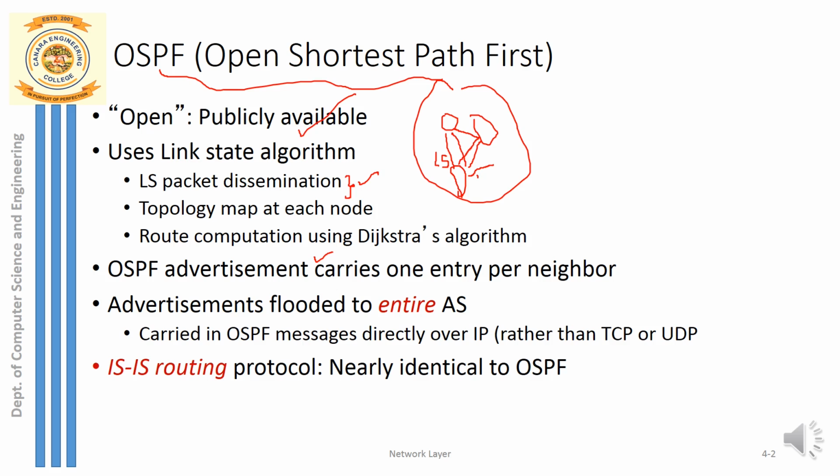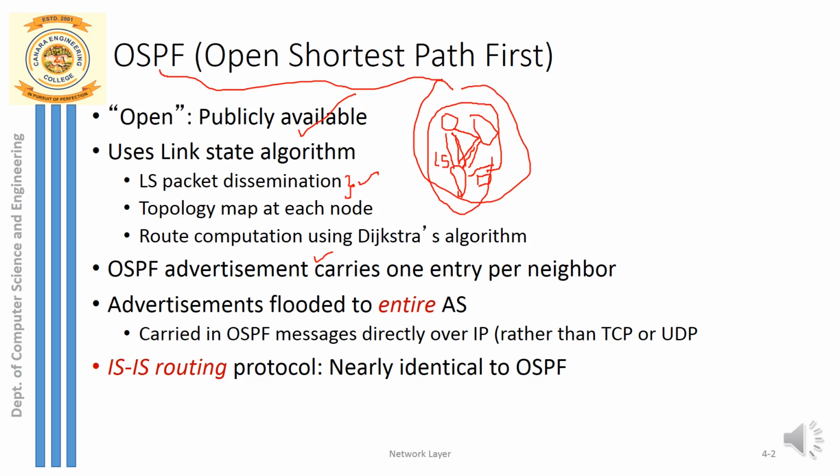So what is an OSPF ad? The information, the shortest path, is what it includes. That shortest path information contains the distance from itself to its neighbors, and that ad is circulated to all the nodes within the autonomous system. So throughout it is circulated.